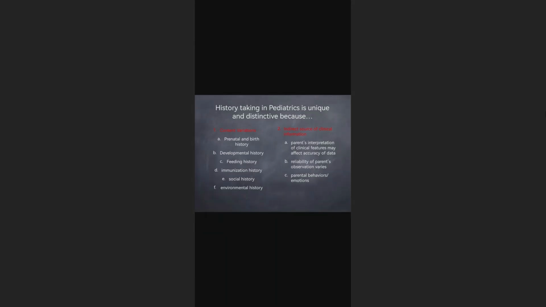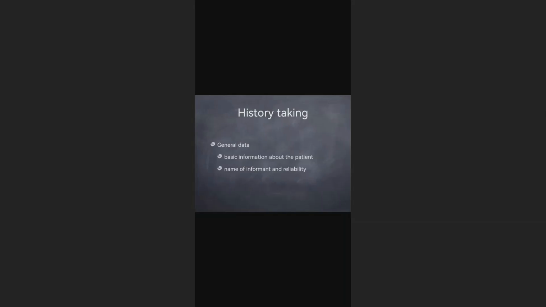Also, the reliability of the parents' observation varies, and parental behaviors and emotions, as I've said earlier, there are parents with guilt feelings. So you are drawn away from the true history. Okay, so you have to be pertinent with that, be very particular with that. So in all forms of history taking, it always starts with the general data.